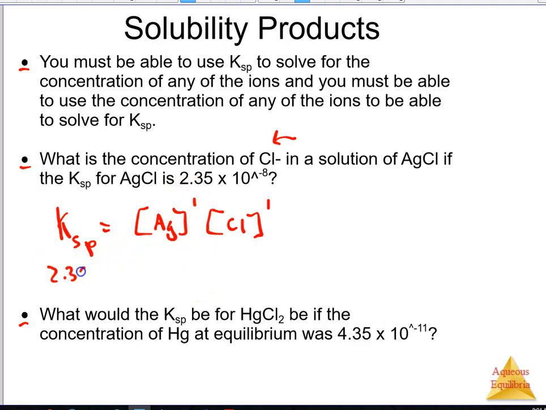Then you plug in what you know. 2.35 times 10 to the negative 8 equals, what's nice about these 2 values? They're the same. So if I call them x, I can call this x squared, right? Because it's the number twice. All right? And so then I can take the square root of both sides, and I am ready to roll.